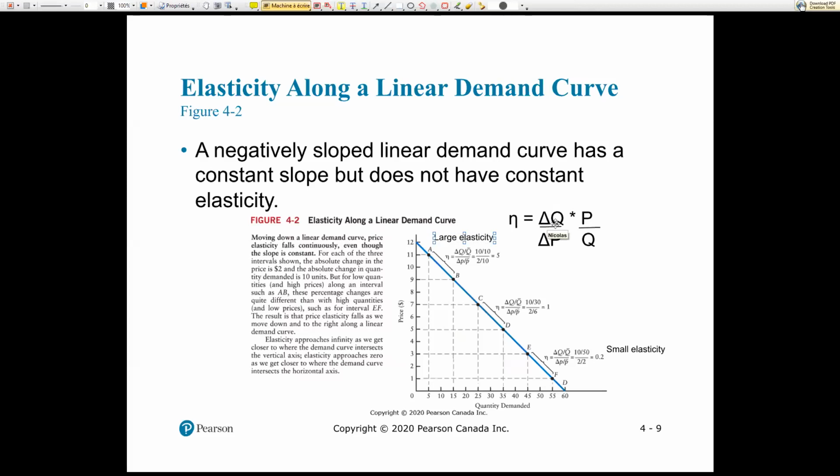If delta Q over delta P is very small, then yes. So if you have something that's extremely inelastic, then it means that the elasticity is extremely small. That would be a demand curve that is almost vertical. So yeah, you're absolutely right.